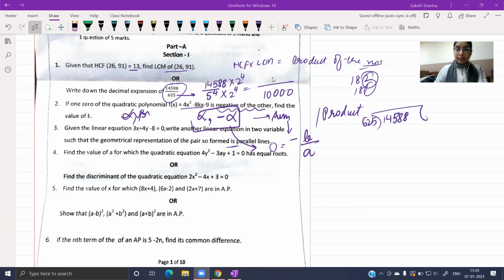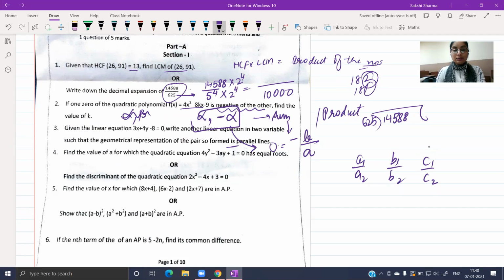We want to write down the relation between the ratio of the coefficients A1 by A2, B1 by B2, C1 by C2. Just that A1 equals to B1. The first ratio equals to second one.